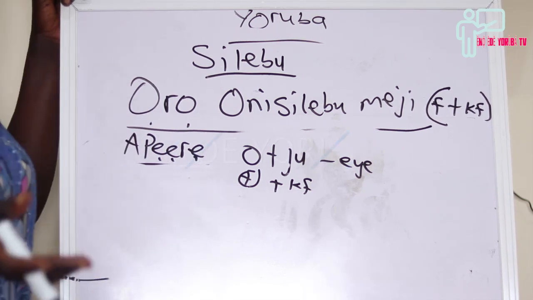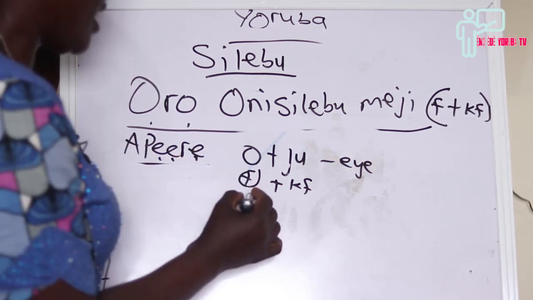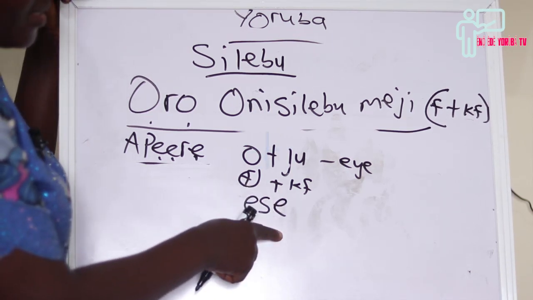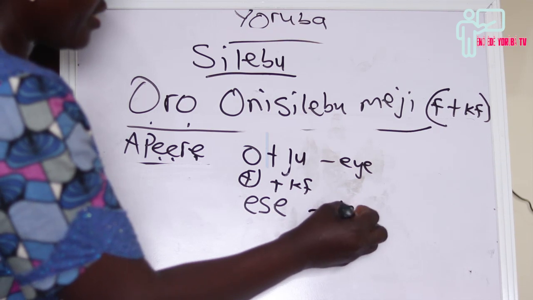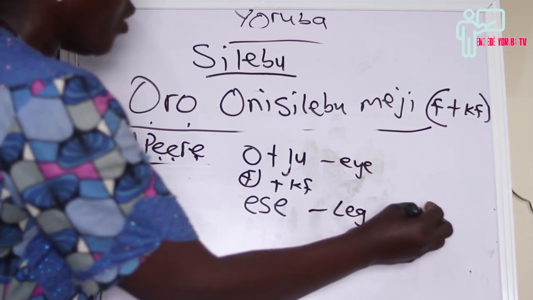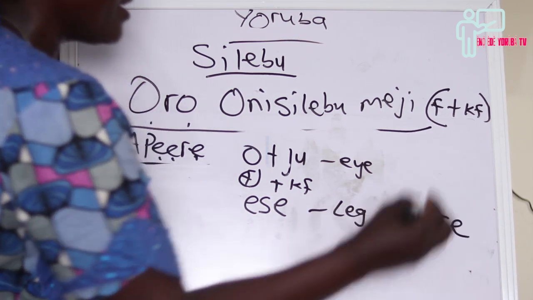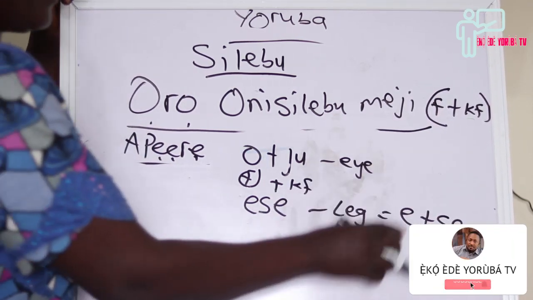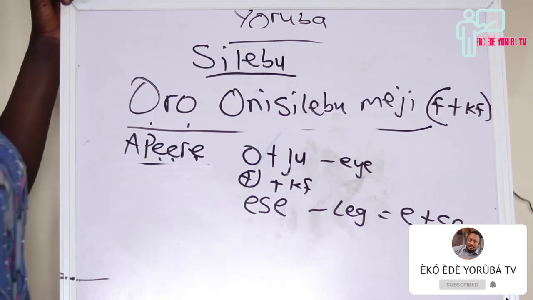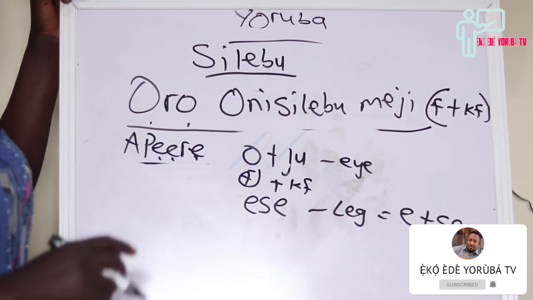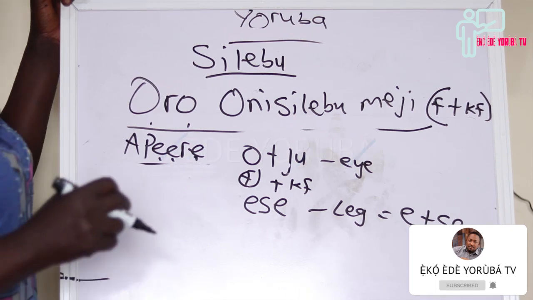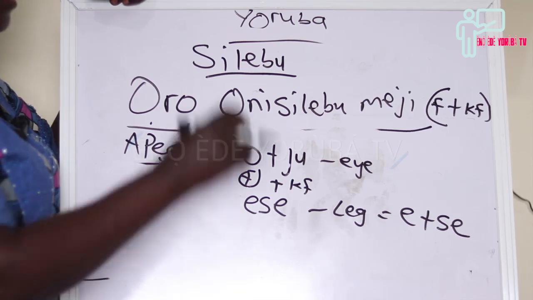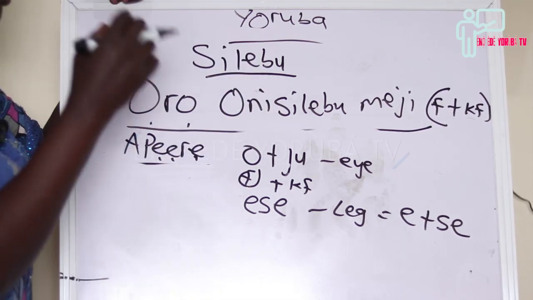If I say leg in Yoruba, ẹsẹ̀, which is leg, and it will be ẹ plus c àti ẹsẹ̀. Ẹsẹ̀, which is leg, ẹsẹ̀, ojú.